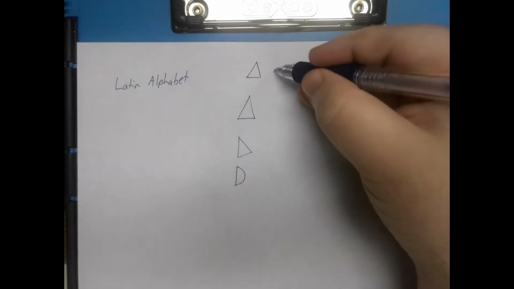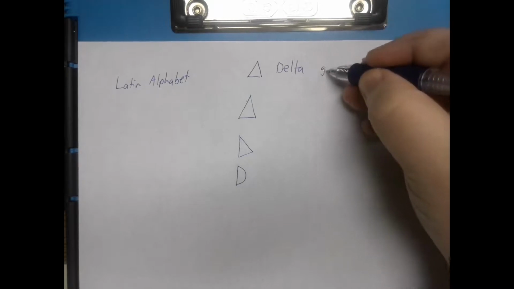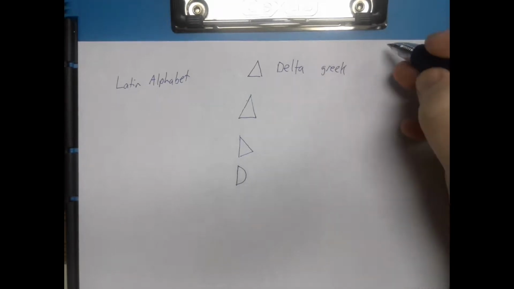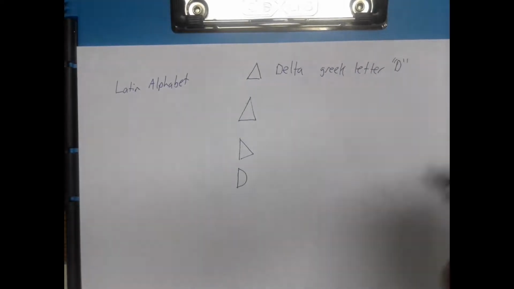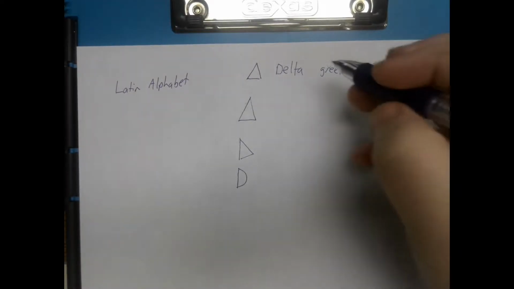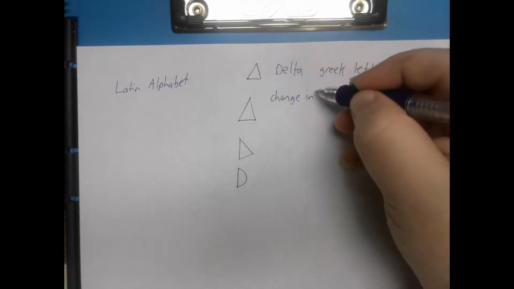So this letter here is delta. It's the Greek letter D. Capital letter D. And it means change in science.